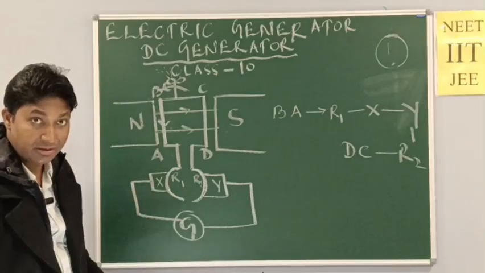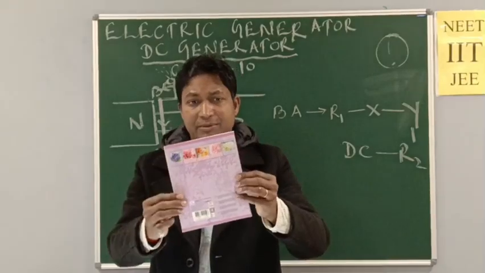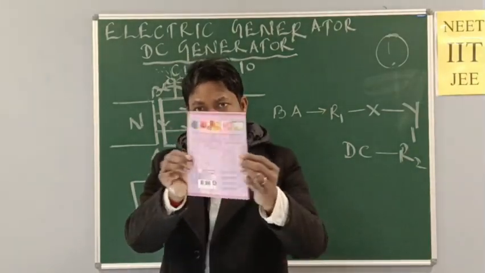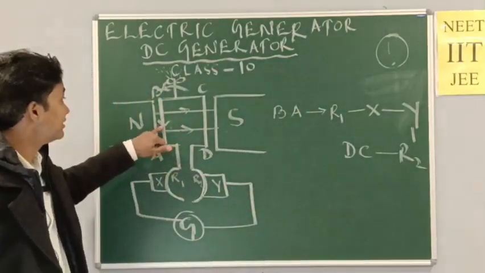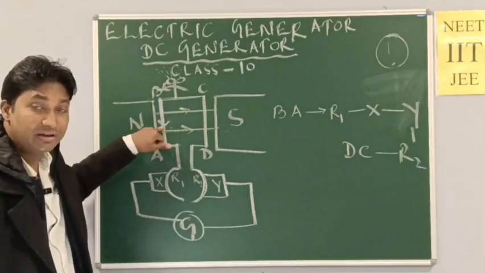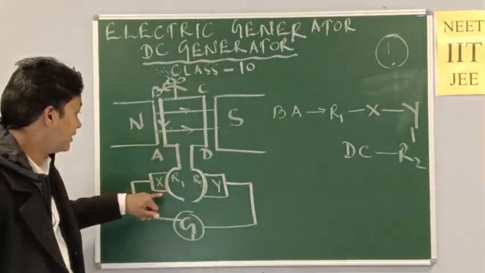Keep remembering. This is the coil A, B, C, D, anti-clockwise. In that case, the direction of current is downward in the arm BA. Why downward? Because we apply Fleming's right hand rule, and we get it like this.